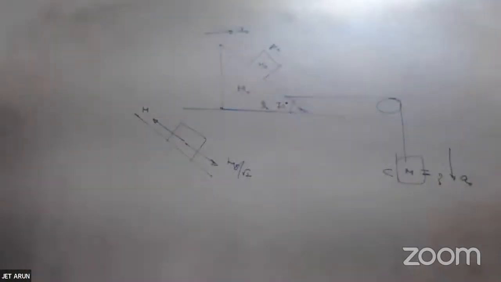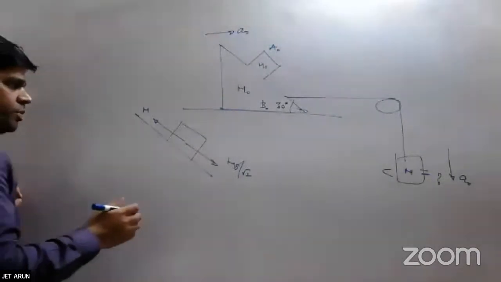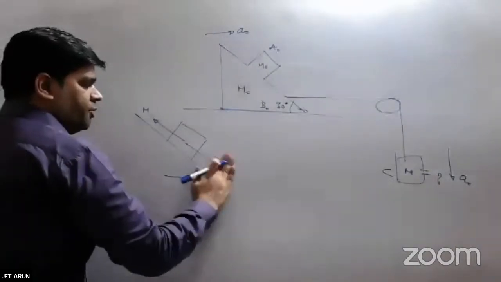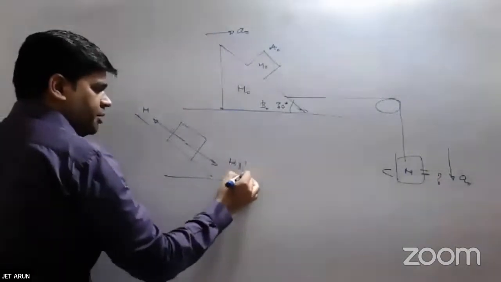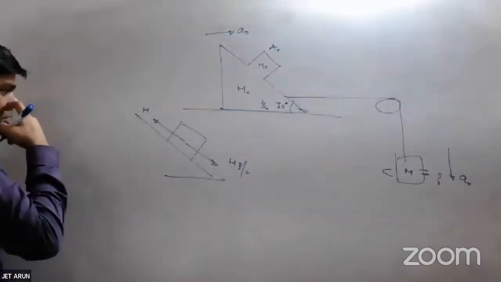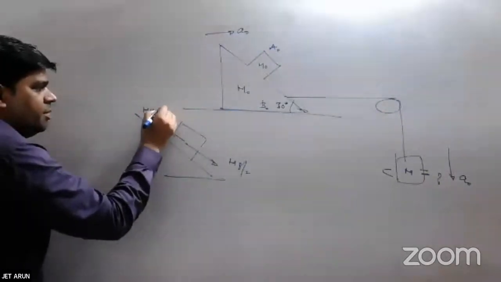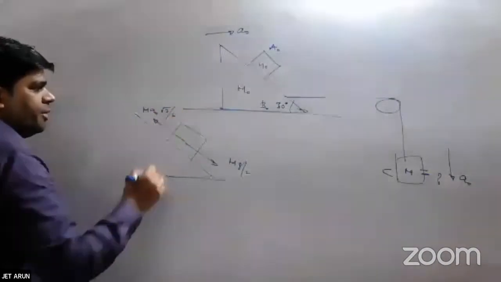So mg by 2. Thank you. So mg by 2, correct? Now that should be counterbalanced by ma root 3 by 2.